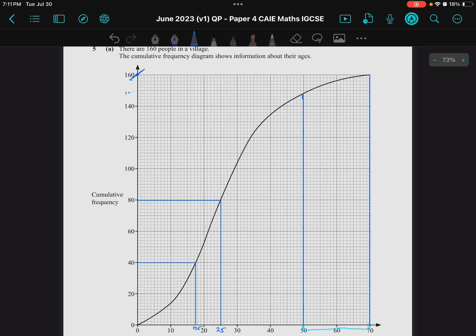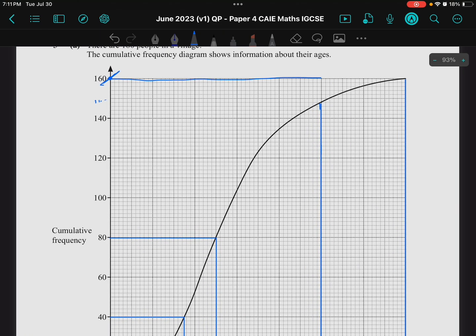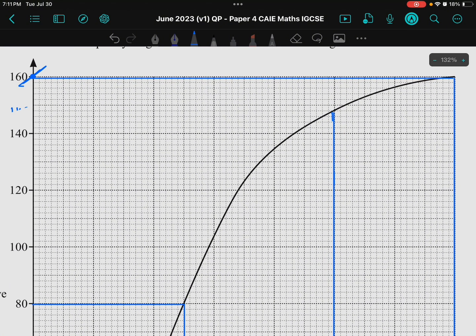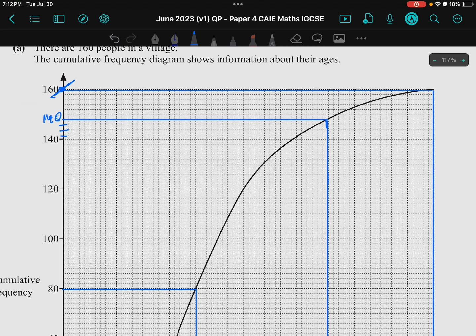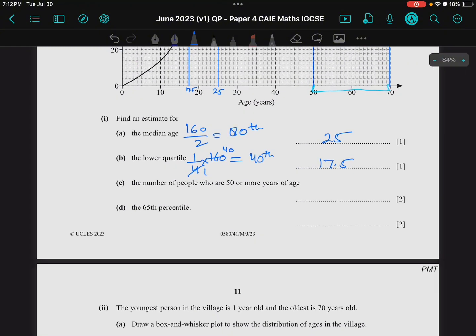Drop down. And then on the y-axis, this is 160. And for 50, how much is this one coming? This point is 160. This is 142, 144, 146, 148. So this is 148. So 160 minus 148 will give me 12 as the answer.